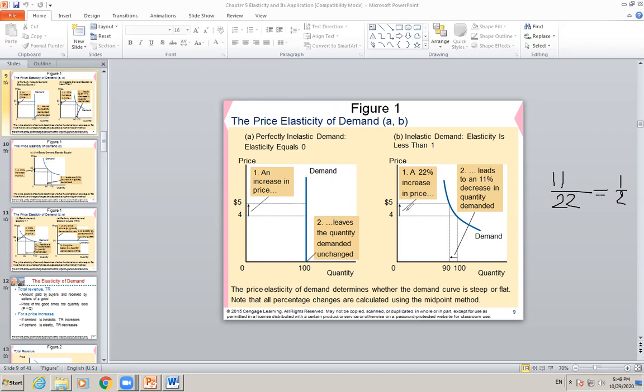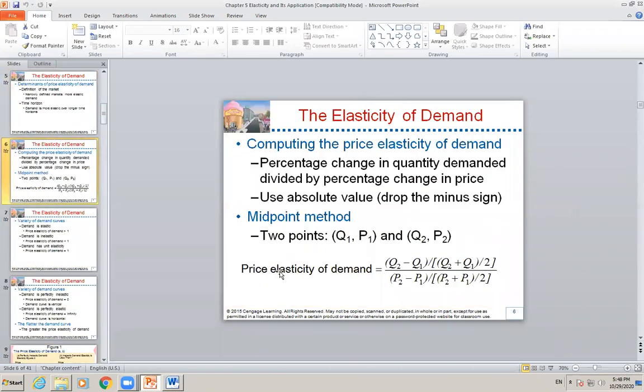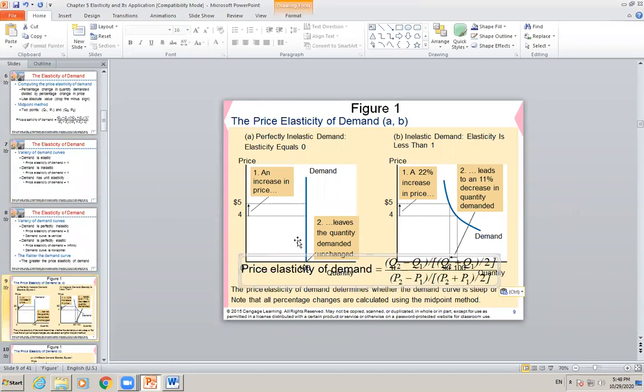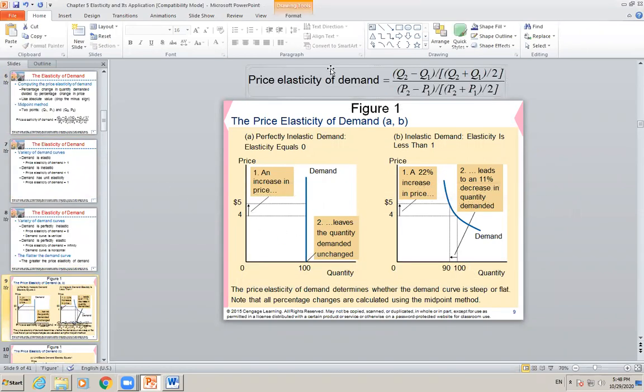And I want to illustrate using the formula. Just a second. Let me get this formula here. Okay, so we'll put it into the formula and see how it works.